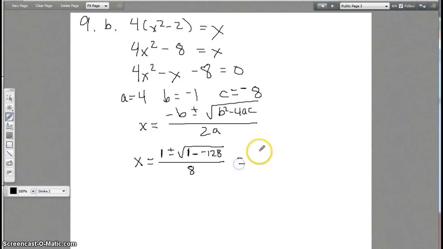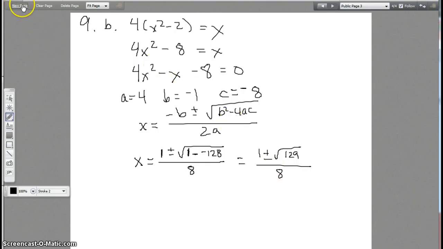So what we have here is 1 plus or minus the square root of 129, because 1 minus a negative 128 is 129. And then that's all over 8. And 129 has no square factors, so we can just leave that as 1 plus or minus square root of 129 over 8. So that's number 9, part B.